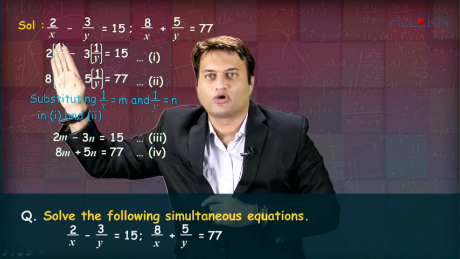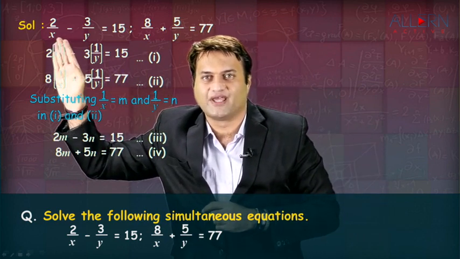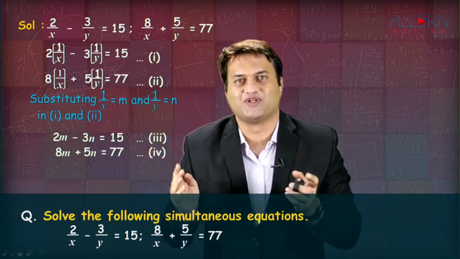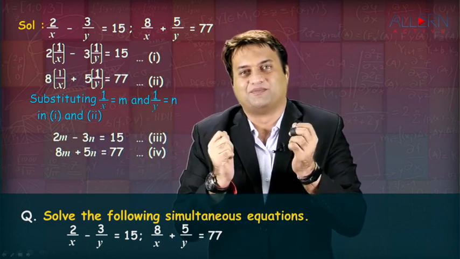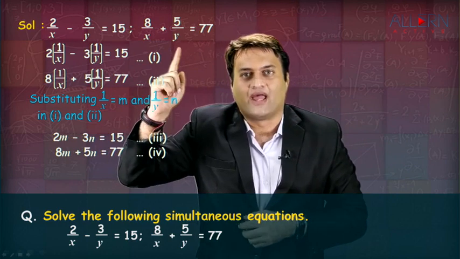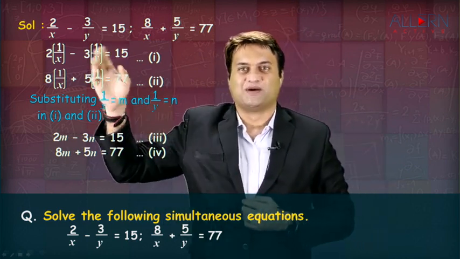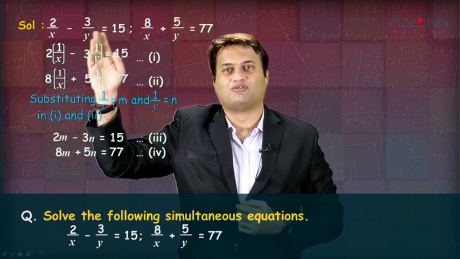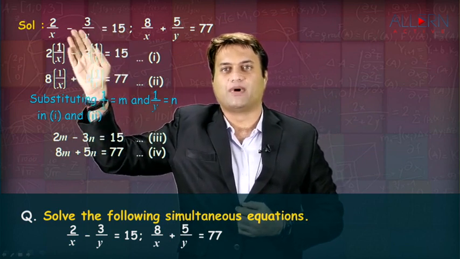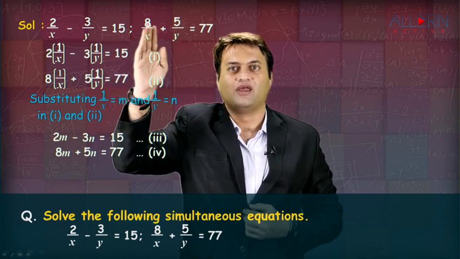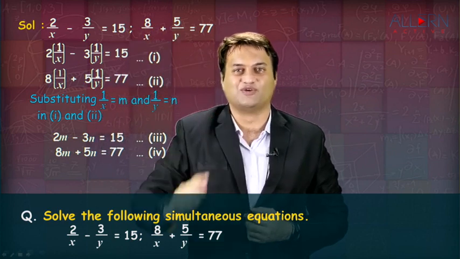So you just need to look for the common denominators in such sums. X, common denominator, so 1 upon x is equal to m. Y, common denominator, so 1 upon y is equal to n. Substitute: 2 upon x minus 3 upon y is equal to 15 will become 2m minus 3n is equal to 15. 8m plus 5n is equal to 17.